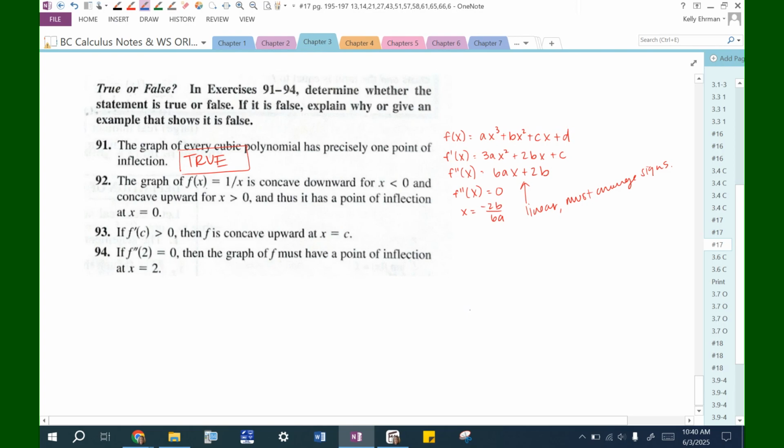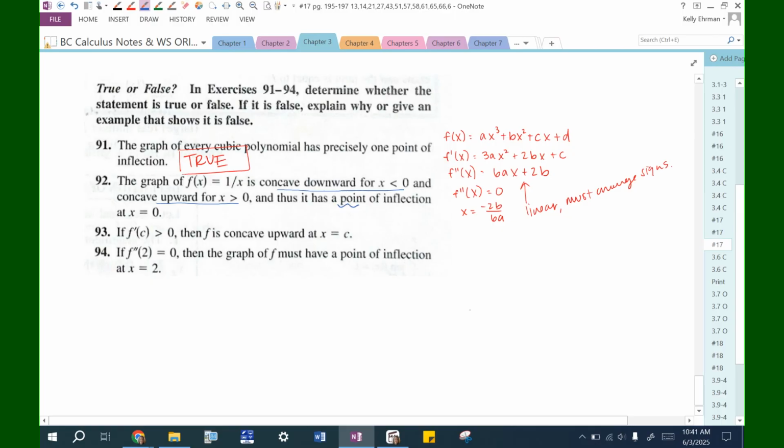Okay, 92. The graph of f of x equals 1 over x is concave downward for x less than 0 and concave upward for x greater than 0, and thus it has a point of inflection at x equals 0. Is the concavity correct or not? Yeah, I guess it is. Okay, the concavity is correct. They're not trying to trick us there.